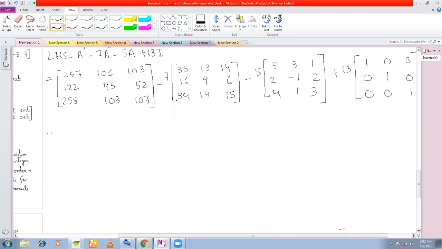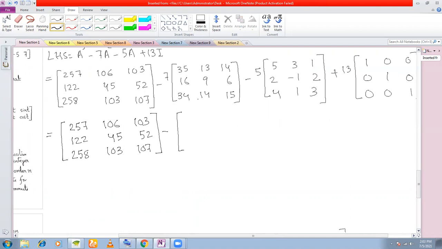Now we proceed with scalar multiplication first. So first we write this as it is: 257, 106, 103, 122, 45, 52. We write this matrix as it is, and we multiply all the scalars first.